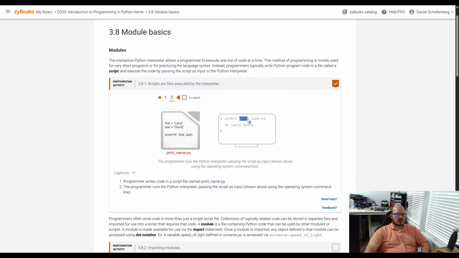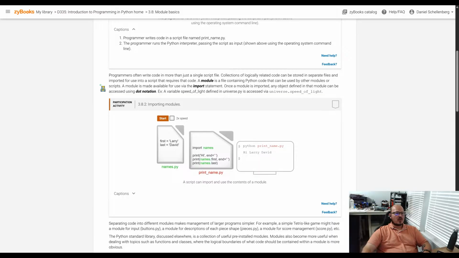The Python script name or the file name is print underscore name. And in this file is this script: first name, last name, and then it prints it out. So when you say, "Hey, run my Python file," it comes back as "Hi, Larry David."